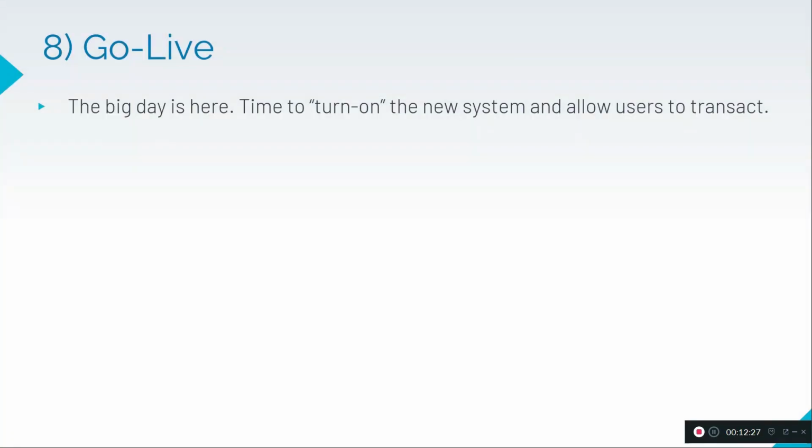So the go live. When we talk about a go live, it may be an incremental go live, or phase by phase go live, or a one time go live. So there are three different categories in the go live. The go live is the big day, the time to turn on the new system and allow users to transact.